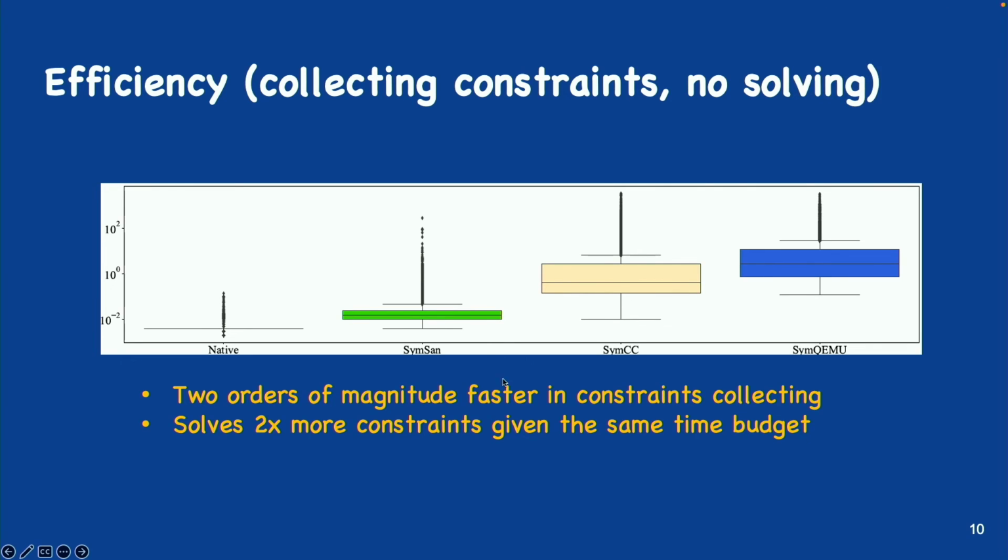We can see that. This result is aggregated from running 20 real-world programs. Regarding the constraint collecting speed, you can see that SymSAN is significantly faster than the existing tools. And with this benefit, we can actually solve twice as many constraints, given the same time budget for each input.